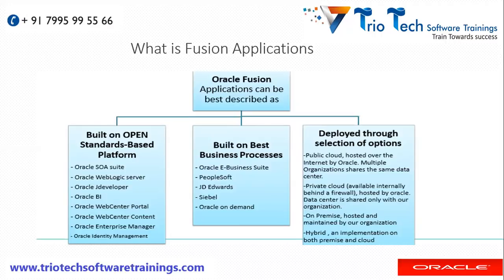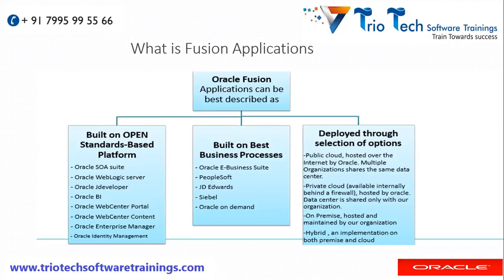Then we have HCM, that is human capital management. So these are various components of an organization. When all these components are kept together, they are known as fusion application. When they can interact with each other, depend on each other and communicate with each other, all of this will be termed as fusion application.